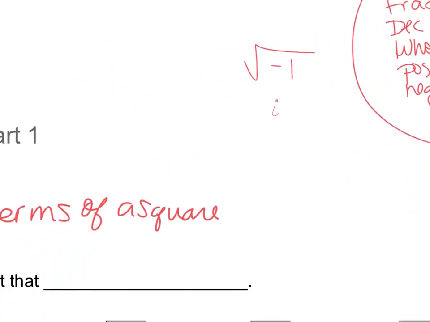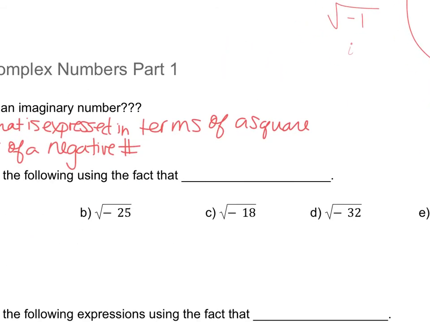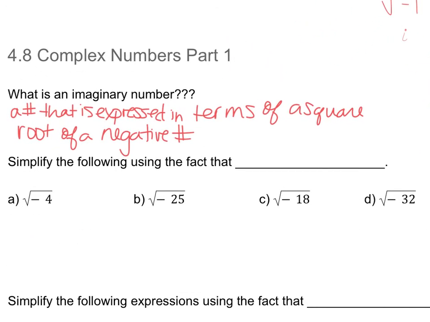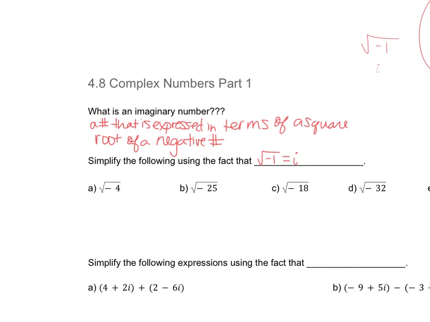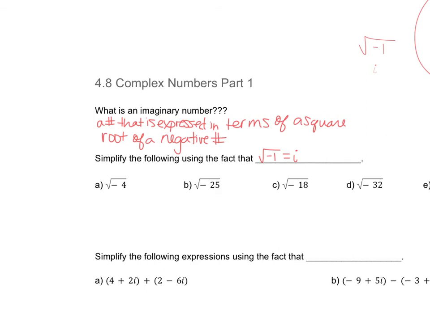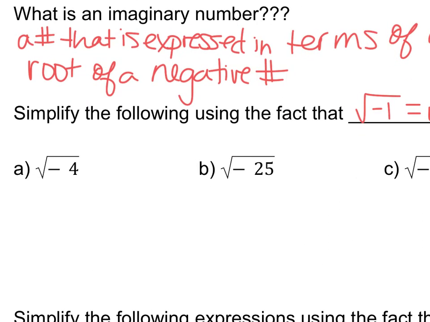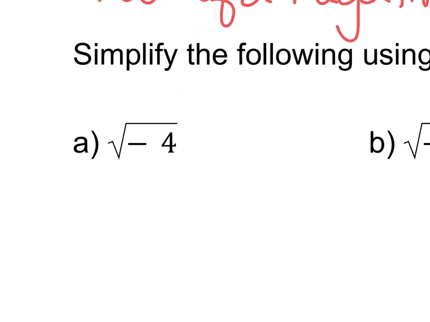Okay, so let's do a couple. And so let's simplify the following using the fact that the square root of -1 equals i. Okay, so let's go ahead and do this. So what's the square root of -4? So we know there's a negative in there, so it's going to be something i.